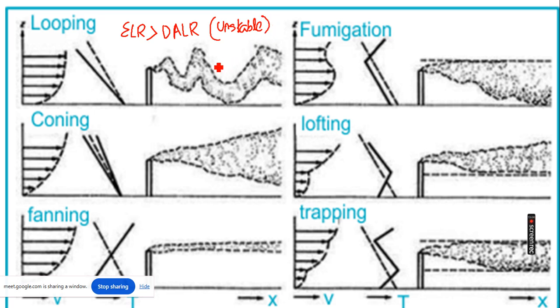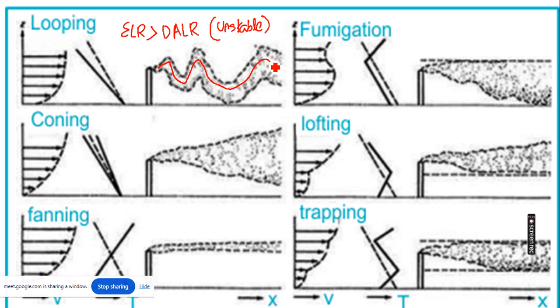In an unstable condition, how will the plume behave? The plume coming out of a chimney or a factory tower will have a looping behavior, which means, since the atmosphere is unstable, the plume is free to move both upwards and downwards. Because of that, it forms a looping behavior.